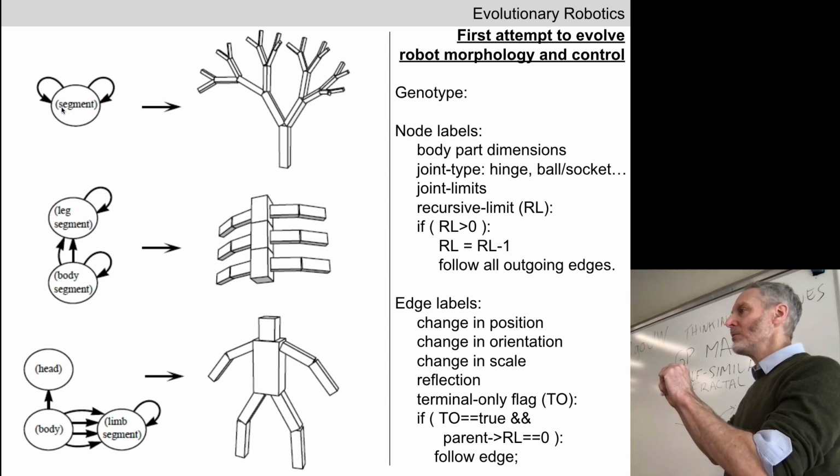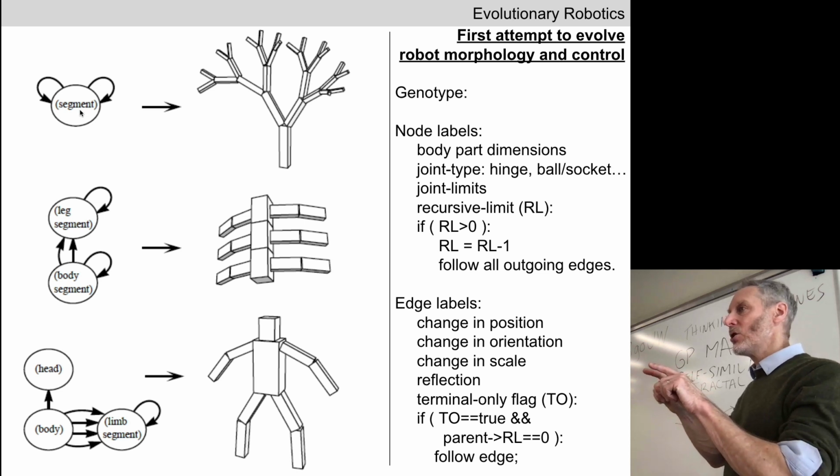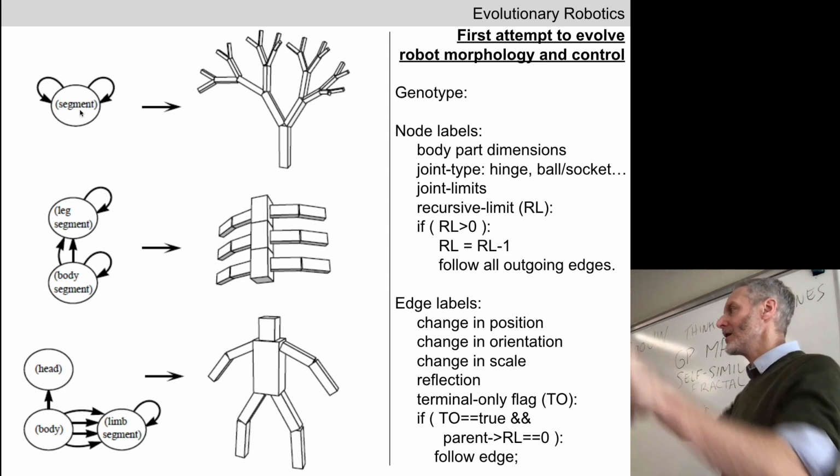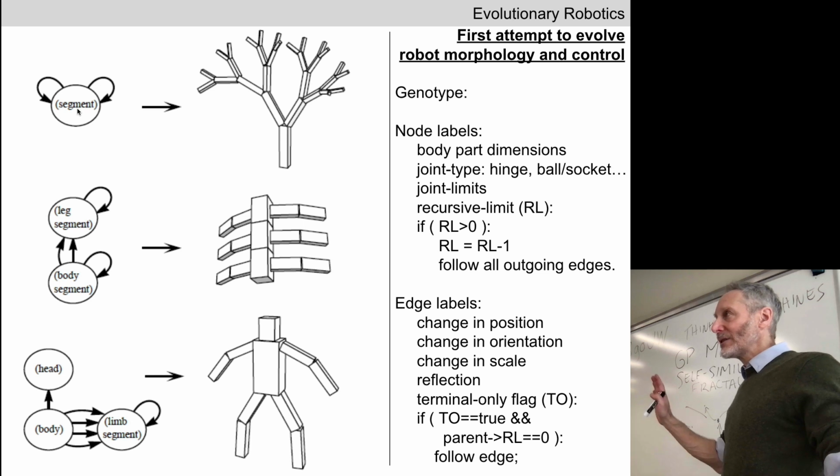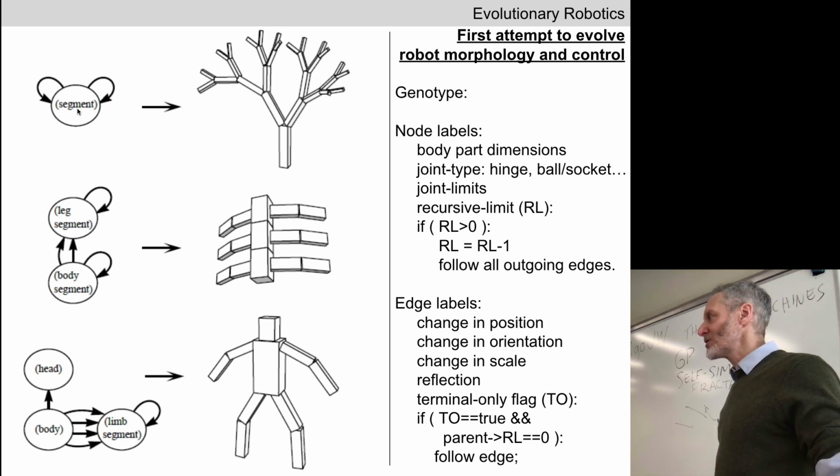And now we leave this node, and we travel along all outgoing edges. We would typically do this in parallel, but for the sake of this morning, let's do this one after the other. So we just built this particular link here using the information that's inside this node.